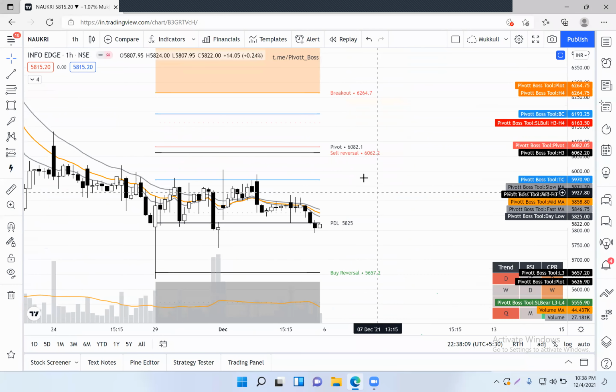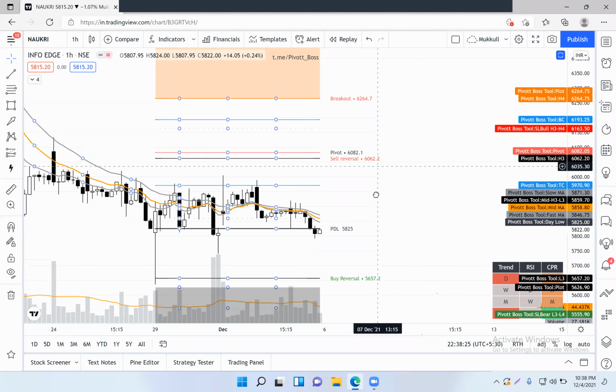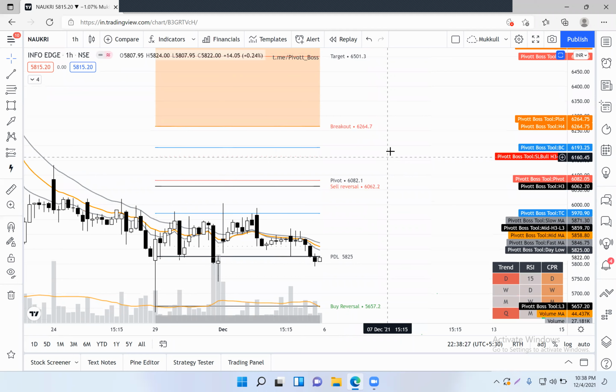Okay, so technically this should be a good area for those who want to play safe. They can enter here at 5970 with a stop loss of 5825. Okay, and they can initially get to their first target here, first target almost pivot, and then up.